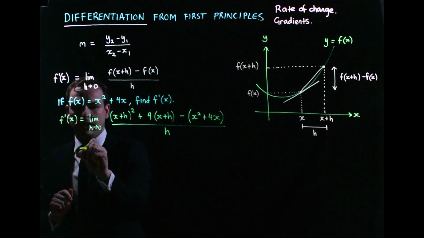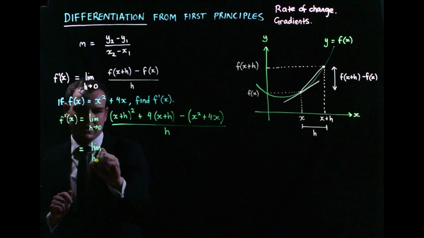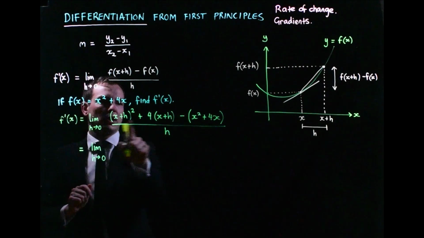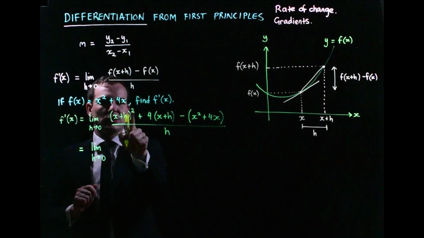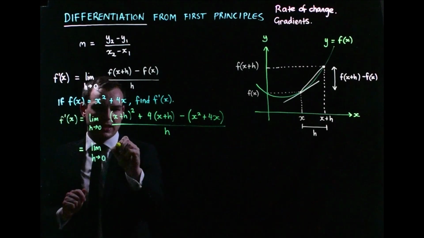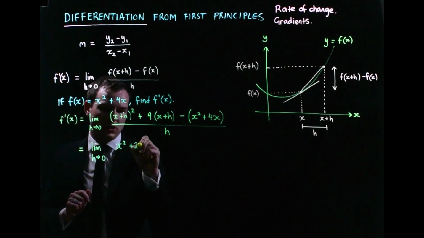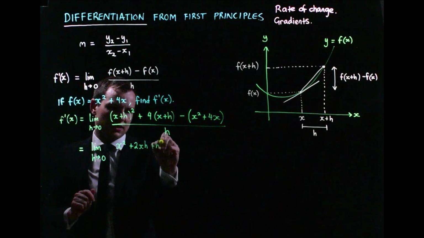So next up, we've just got an algebraic problem to work through. So this derivative, f dashed of x, is going to equal the limit, and I'm going to leave this in my working as h approaches 0. And now we're just going to simplify out this problem. So x plus h all squared is actually equal to x squared plus 2xh plus h squared.